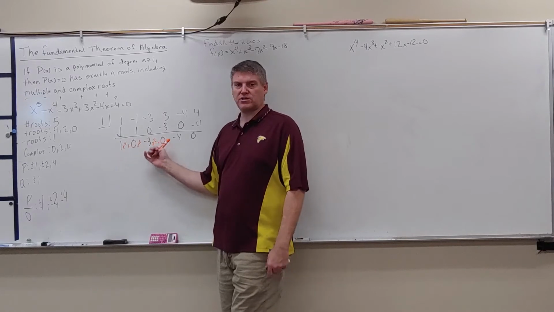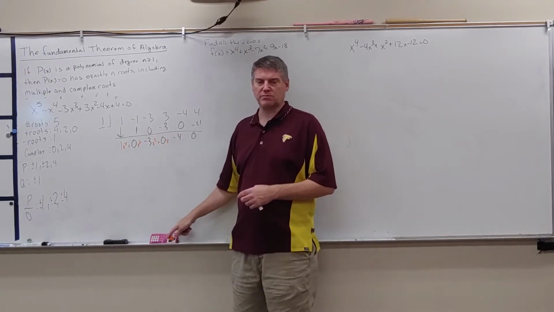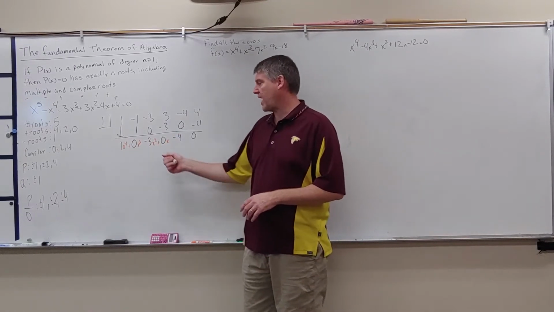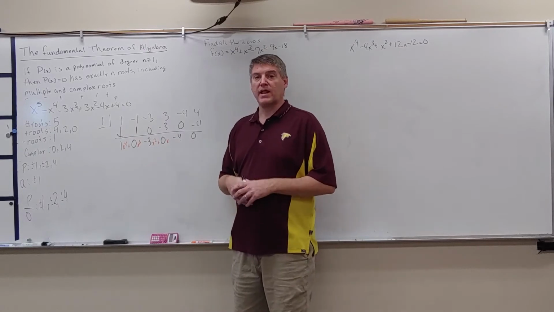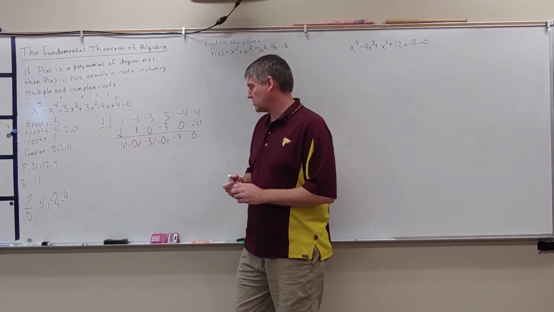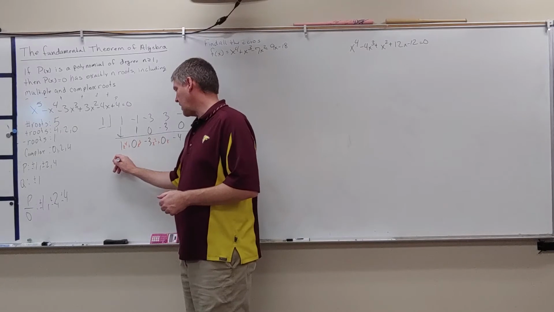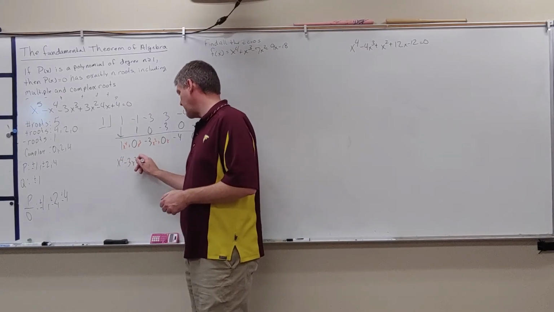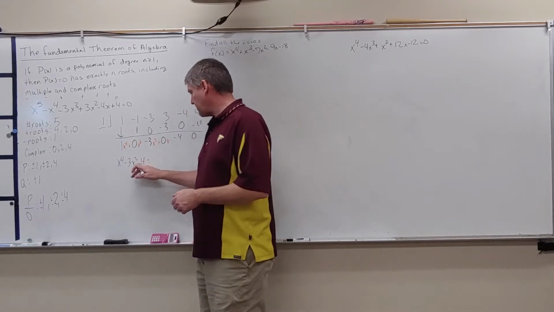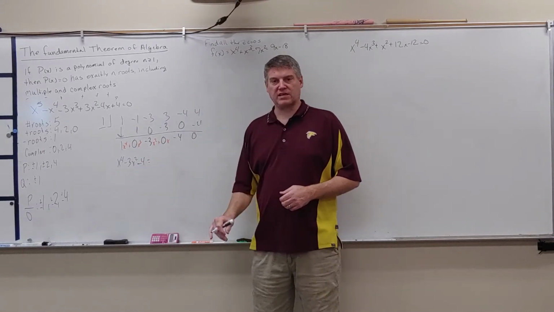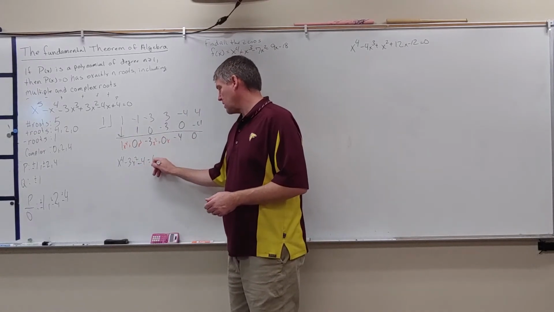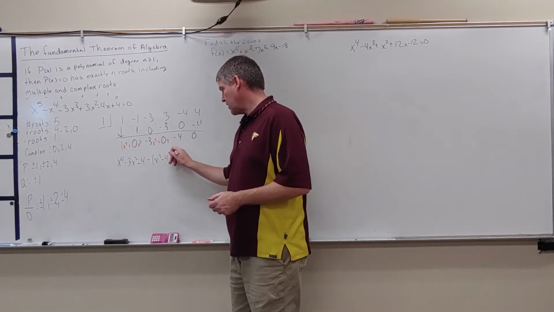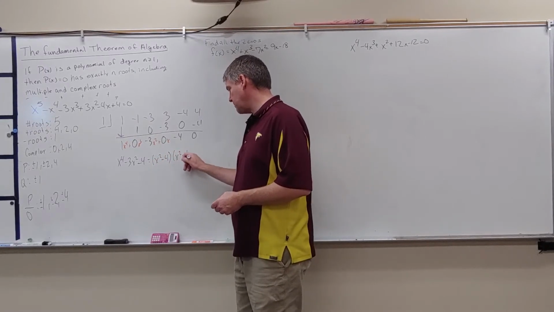I can use the principles of factoring to factor this. So this is going to be x to the fourth minus 3x squared minus 4. The factors of 4 that subtract to give me negative 3 are negative 4 and positive 1.